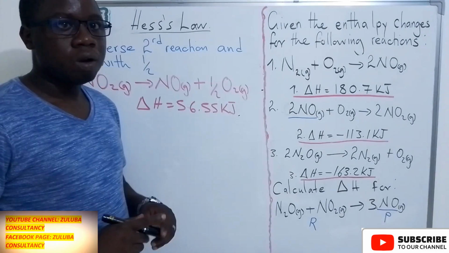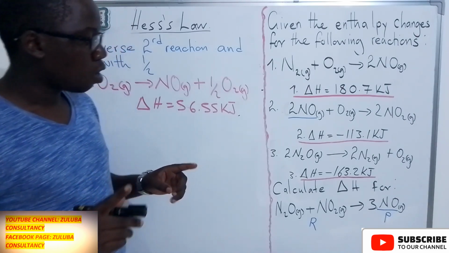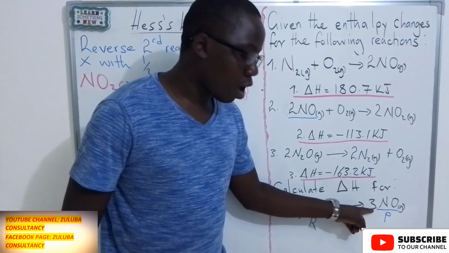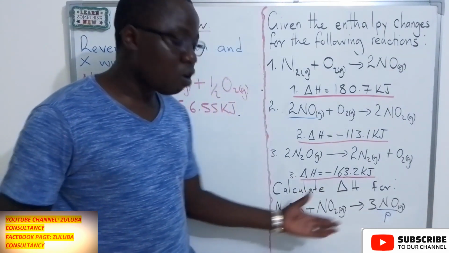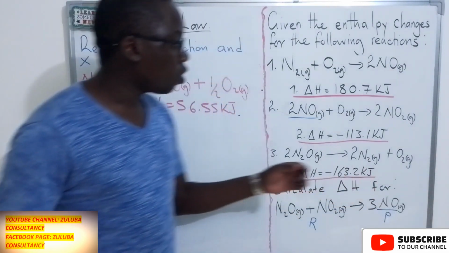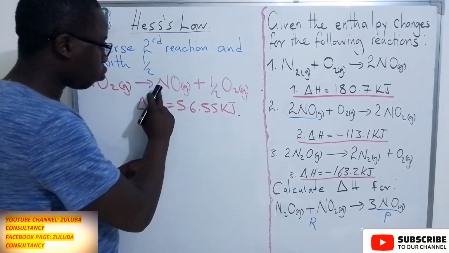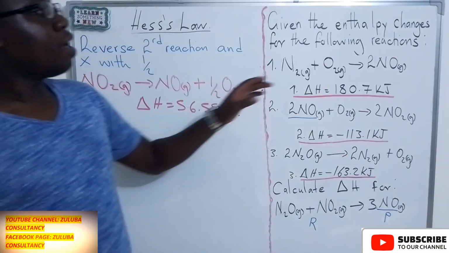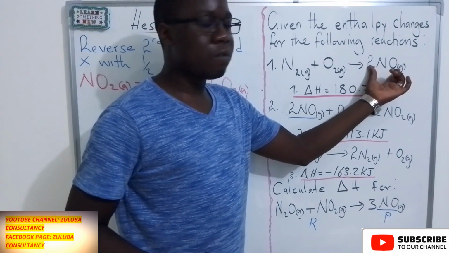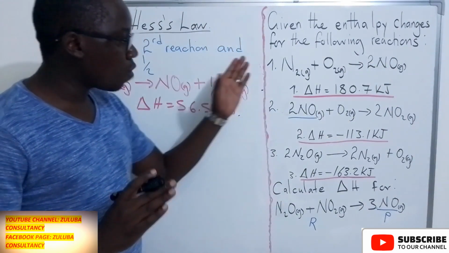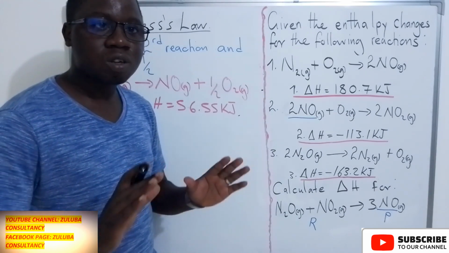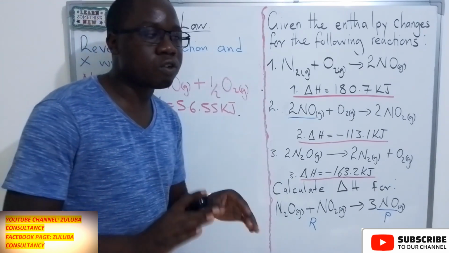Remember one point. We have said we want to have a total of 3 NOs in the overall reaction. And we said we have reduced this one by 1, then the 2 NOs are coming from the first reaction. So this simply means that the first reaction, we are not going to change anything from it.